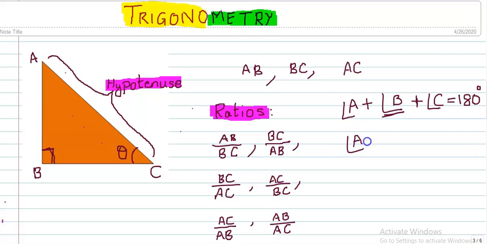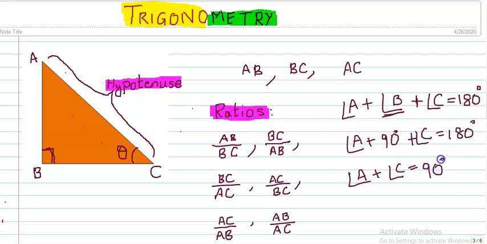Therefore, angle A plus 90 degrees plus angle C is equal to 180 degrees, which means that angle A plus angle C will be equal to 180 degrees minus 90 degrees, which is 90 degrees. Therefore, the sum of the two angles, angle A and angle C, will be equal to 90 degrees.